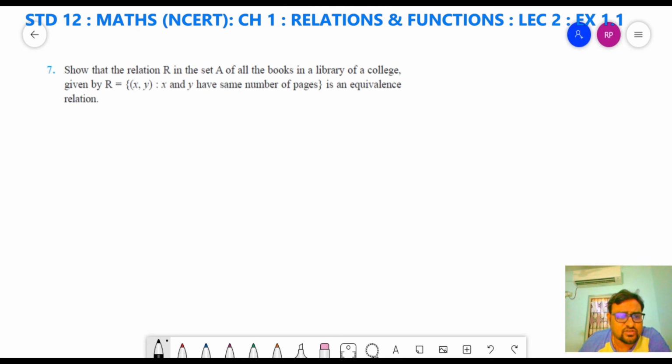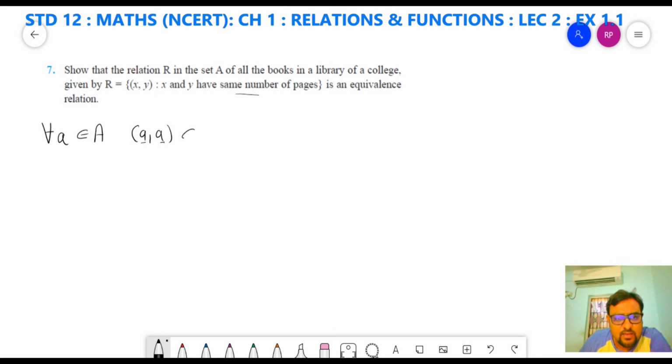Okay, so first, reflexive. For every a belonging to set A, (a, a) means this is a book and this is the same book, so definitely both will have the same number of pages, right?